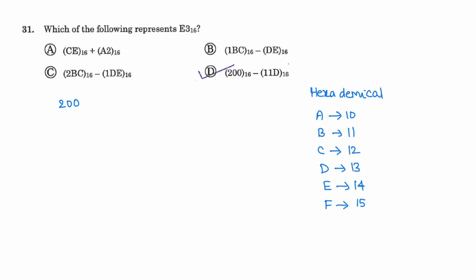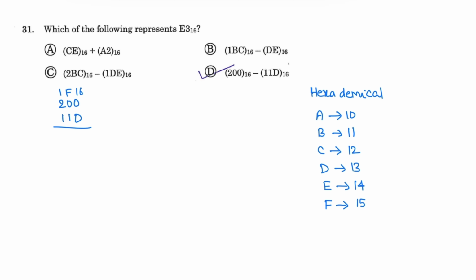So perform hexadecimal subtraction. Take one borrow here, it will become F, and take one borrow here, it will become 16. Now it will be 1 here. So 16 minus D. The value of D is 13. So 16 minus 13, its value is 3.